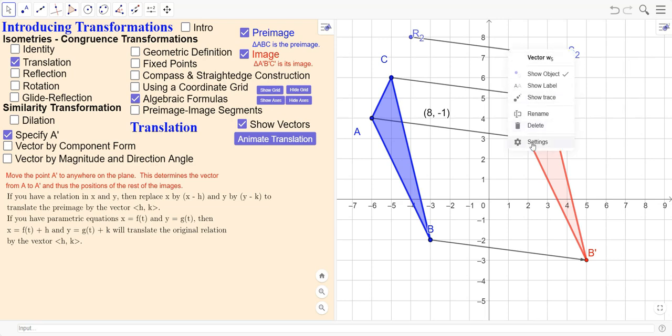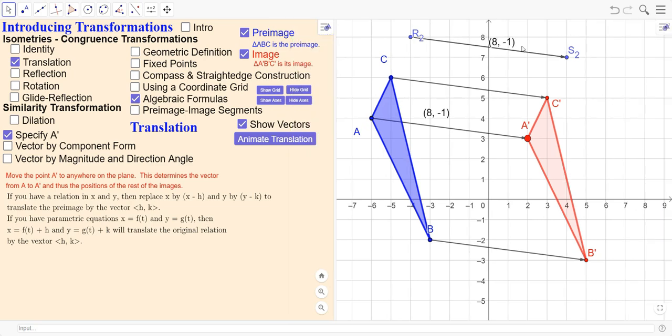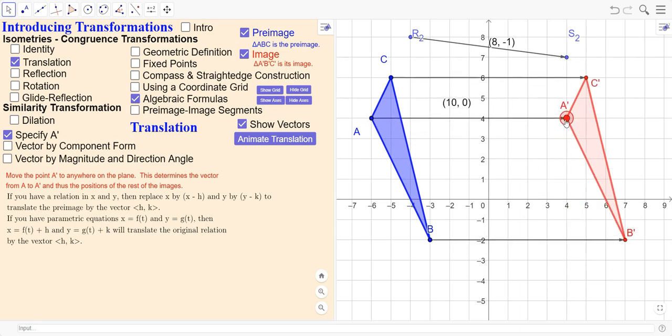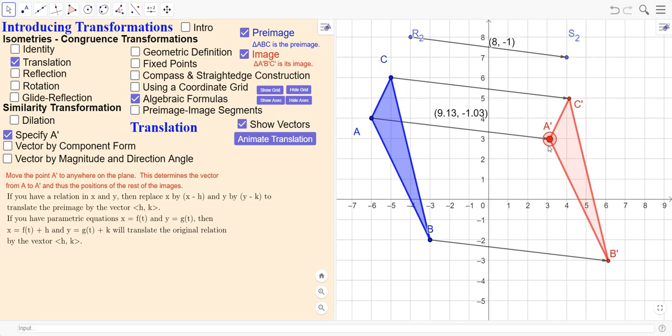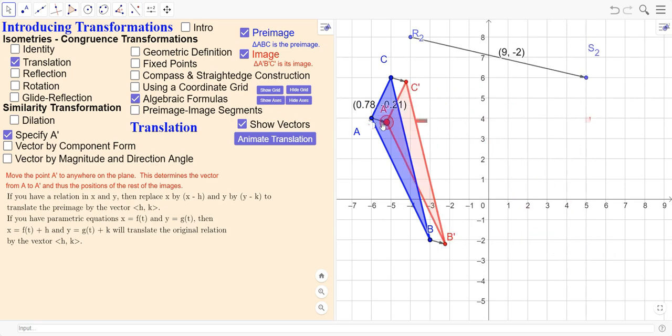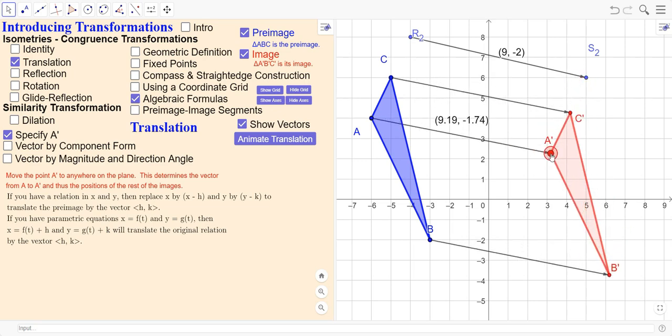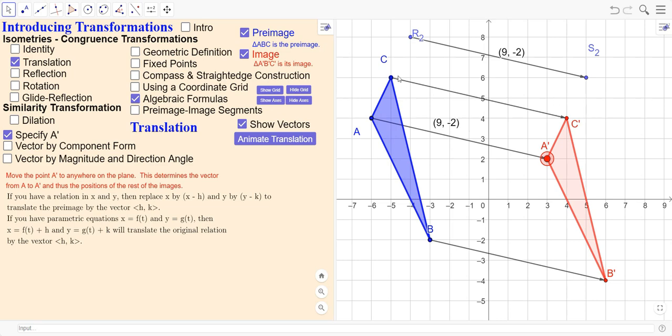By the way, if I go to settings and say show the value of that, that's what it's going to show, 8 to the right and down 1. Of course, that can change here. Okay, but this one's actually controlled by point A. So now, let's match this one. Take it to the right 9 and down 2.